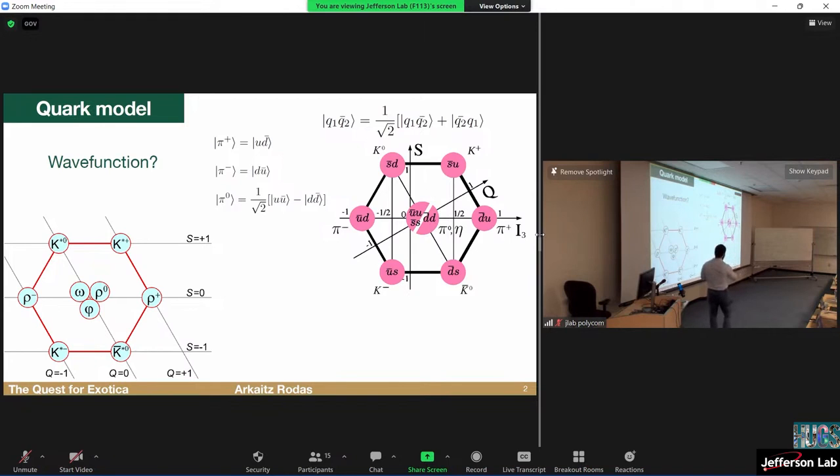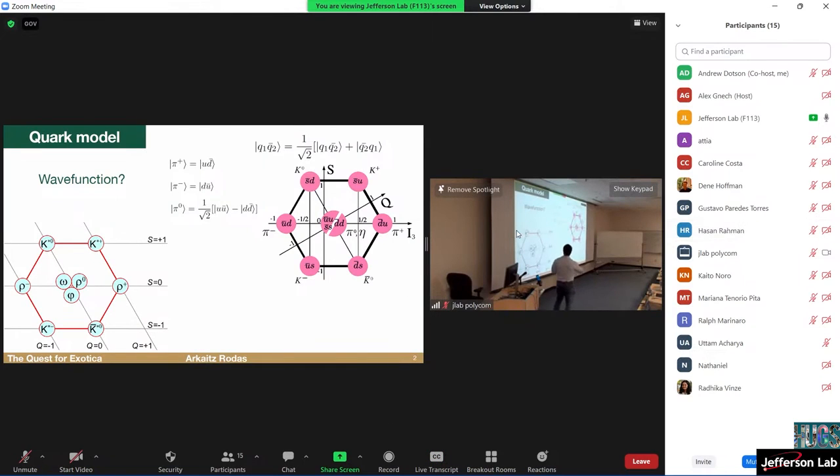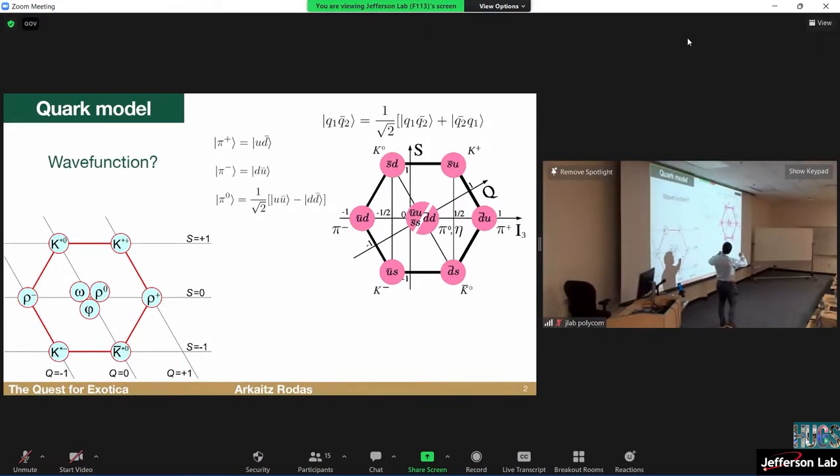So we saw the pseudoscalar mesons. We saw where they are so light, and then I introduced you to the vector mesons. For example, this is how I would describe the quark construction of the pions.